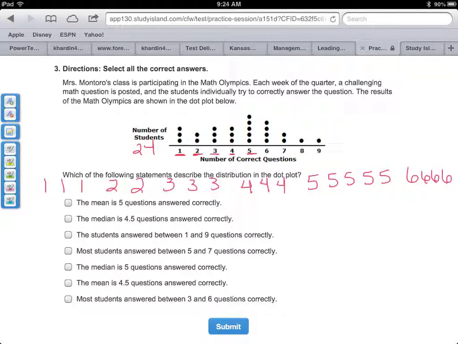I'm running out of room. 2 of them got 7, 1 got 8, and 1 got 9, and if we count, that should be 24. But that's what it would look like if it wasn't in the plot format.